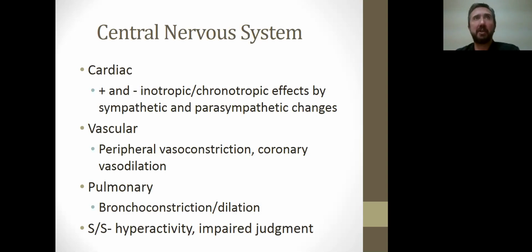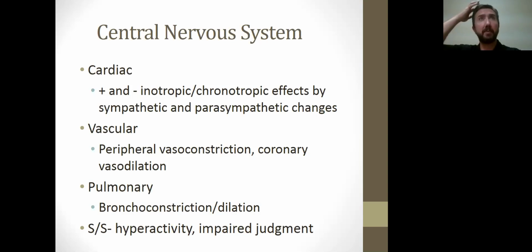Of course, the vasculature, okay, has compensatory actions that can cause some vasoconstriction, okay? We want to be mindful of coronary vasodilation as well when we're talking about specific disease processes. And I'll talk more about that as we are loading a patient or ascending and descending. Of course, pulmonary as well, compensatory constriction or dilation.